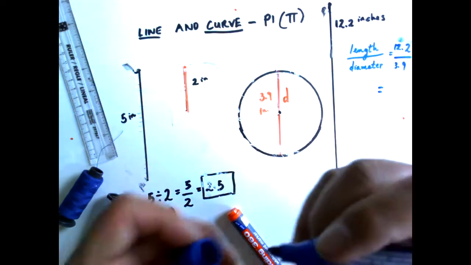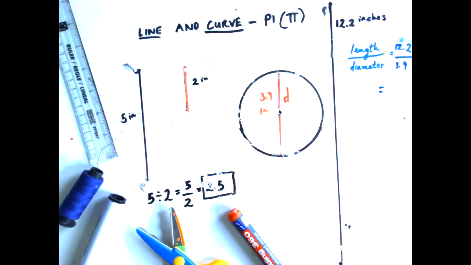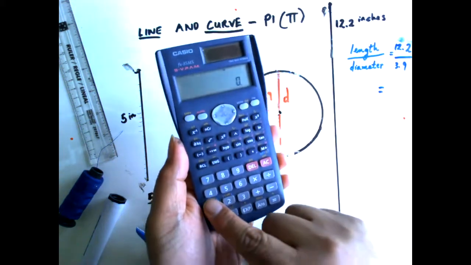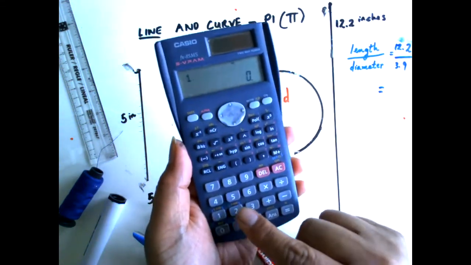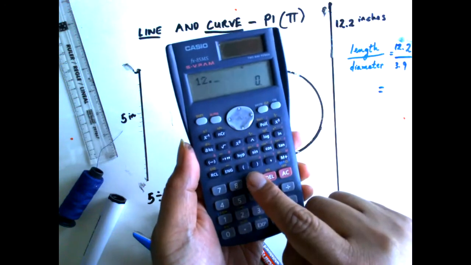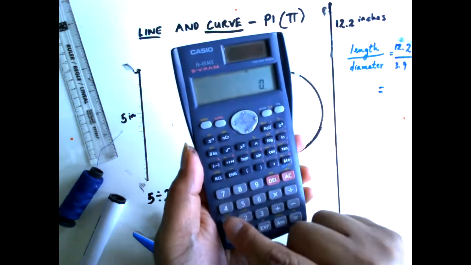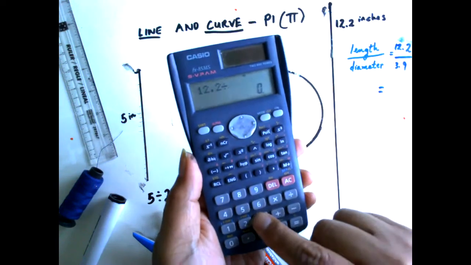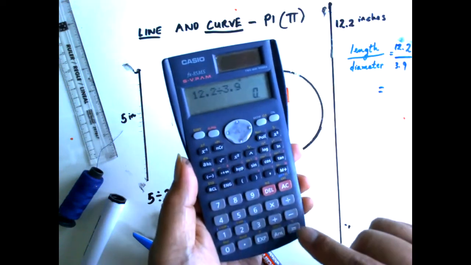So, I'd like you to get your calculators. I have a calculator here because it's just so useful. So we have 12.2 divided by 3.9.